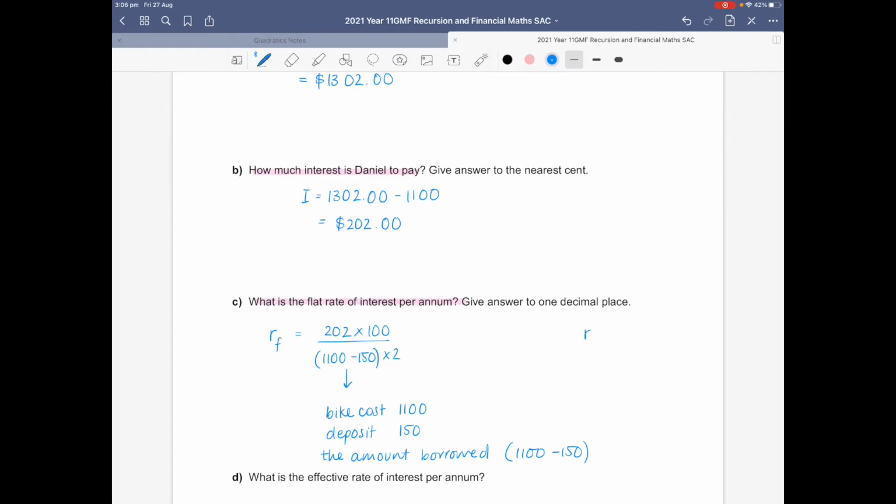So if you're wondering what the equation is, it is the simple interest equation: 100 times the interest divided by the principal, which happens to be the amount borrowed, times time. So remember that that's in years, and P is the amount borrowed.